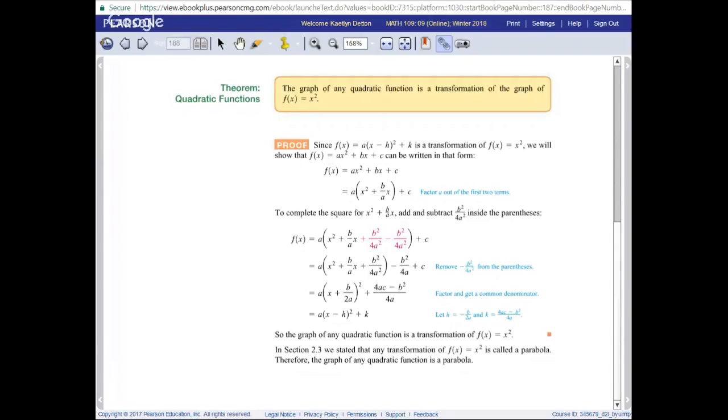So what they did is they took 4A as the greatest common factor, and then they did that for the whole entire thing. So they have C over 4A, and then you do that. So you multiply the 4A to the C, you'll get 4AC, but you leave the minus B squared all over 4A because that is basically how you get 4AC minus B squared all over 4A. Did that kind of make sense?